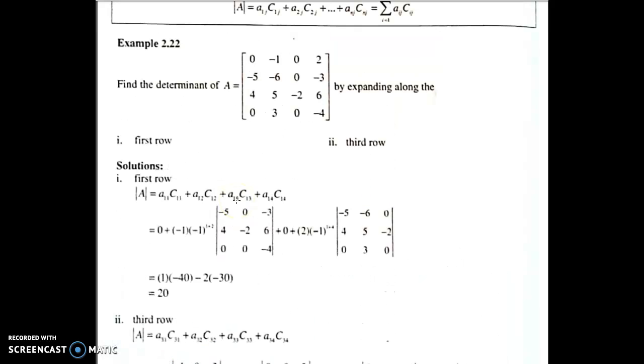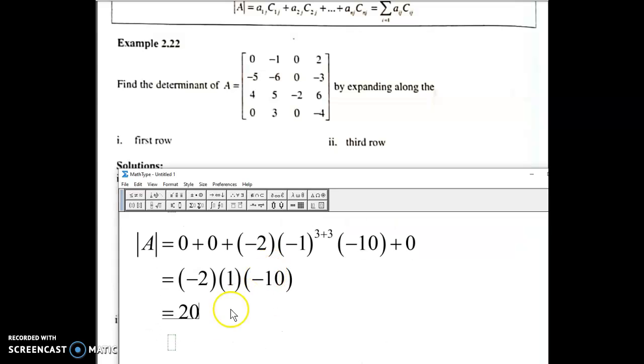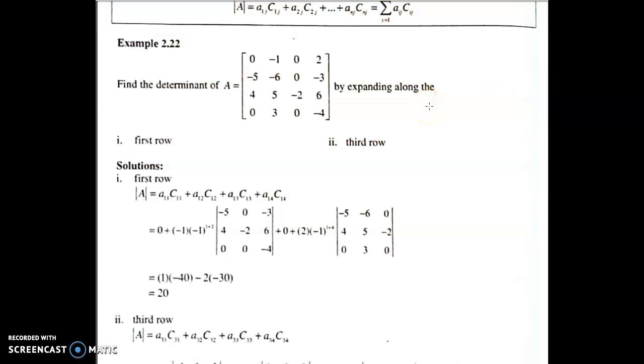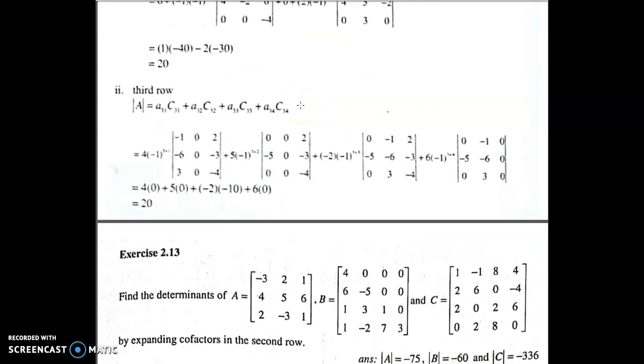As for me just now, I chose the third column because it contains a lot of 0, so I don't need to calculate a lot of cofactors, and this is what I get, 20. The same value. So the tip here is, when finding the determinant of a higher order matrix, always choose a column or row that contains a lot of 0.